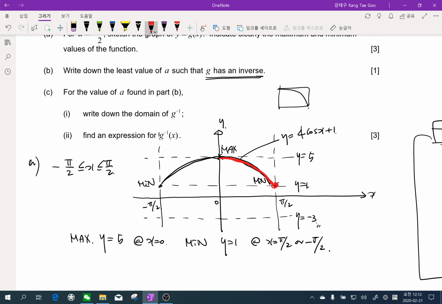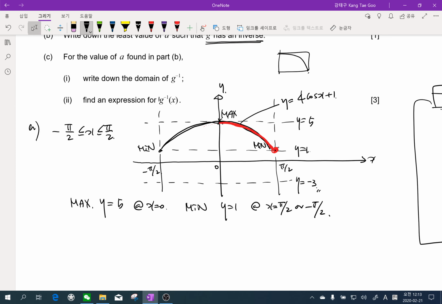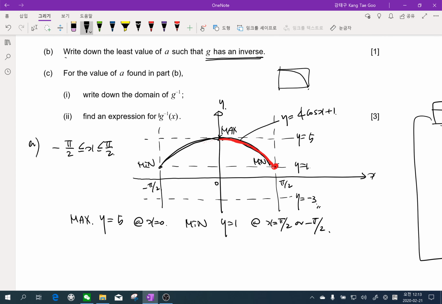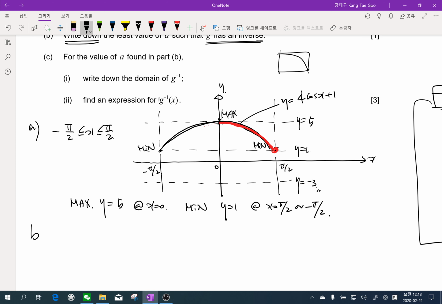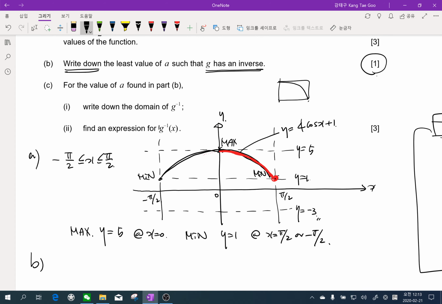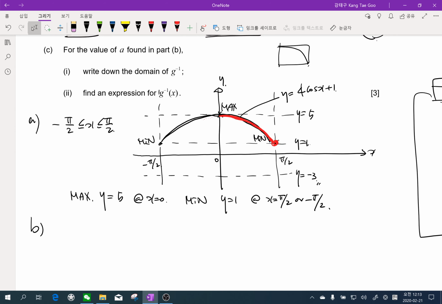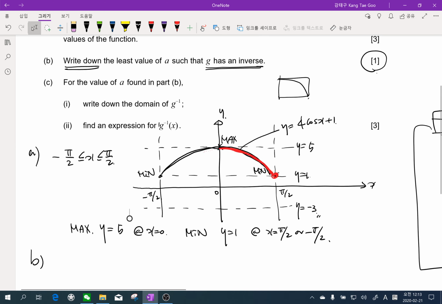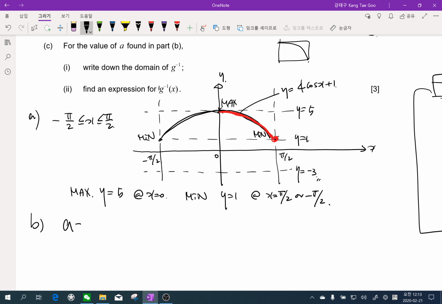If the domain starts from less than 0 here, if it reaches to here, then one-to-one is broken already, right? The question says you don't need to show any working, just write down the answer. Why? Your mark is only 1, right? So what is the answer? Okay, the least value of a is 0.